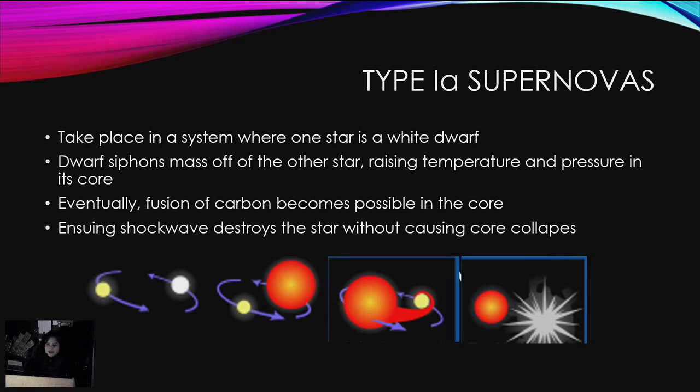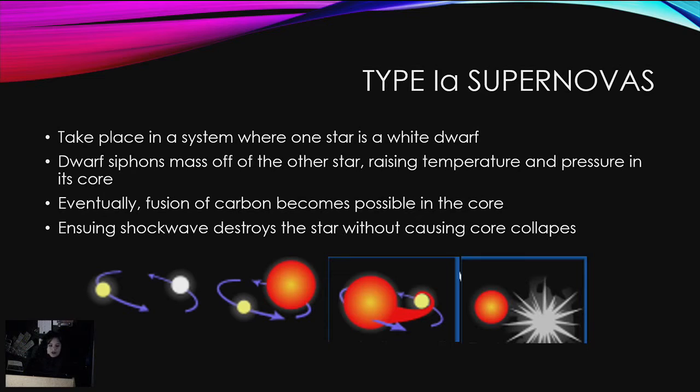Our star isn't big enough to really fuse elements much past carbon, and so eventually our star will shed its outer layers and leave behind what's called a white dwarf, which is just the core of the star. And fusion isn't occurring there anymore because it doesn't have the mass to force the atoms together in its core.